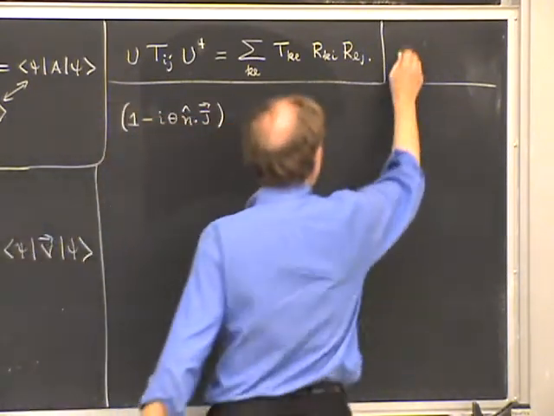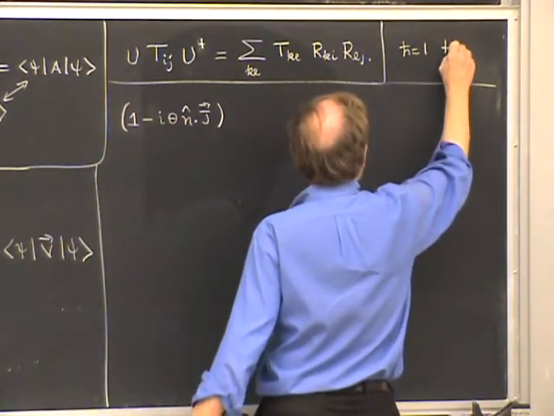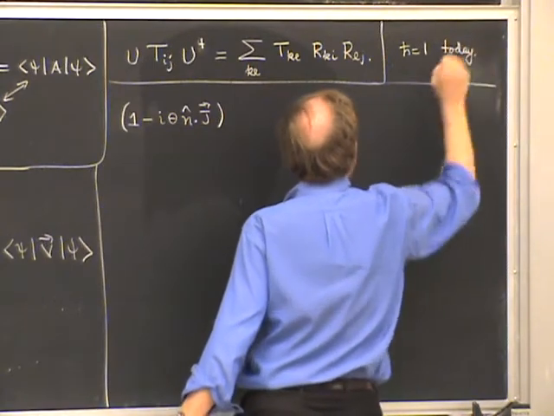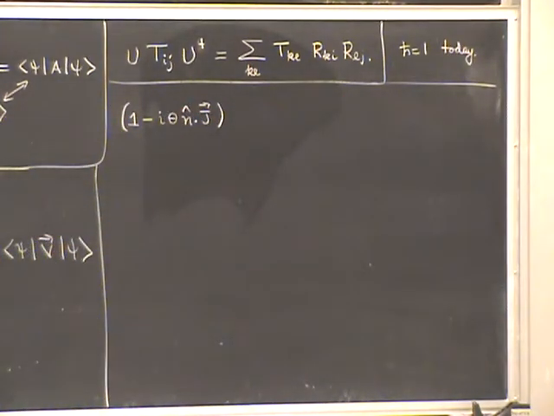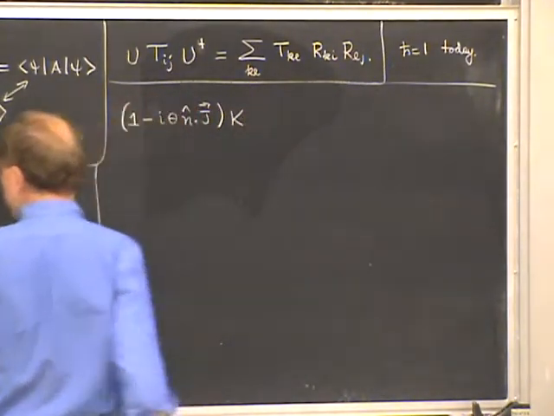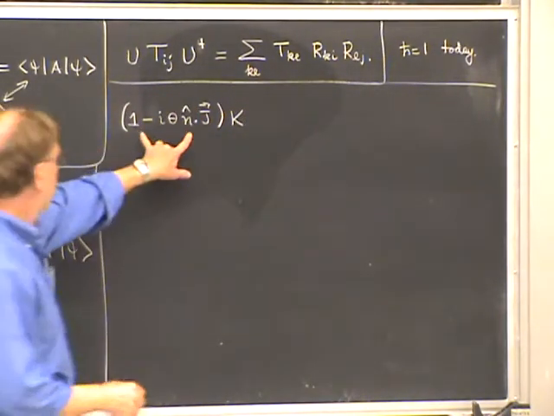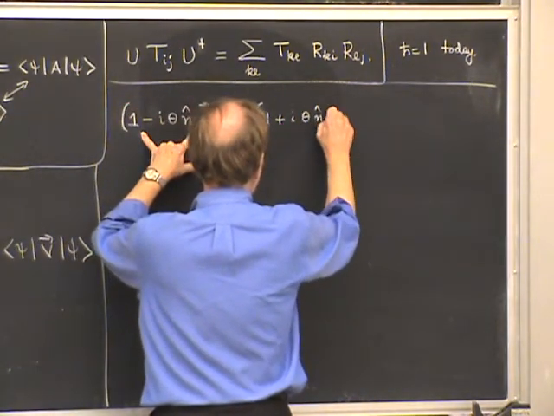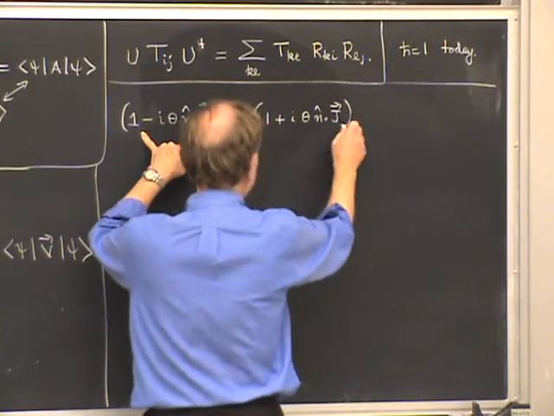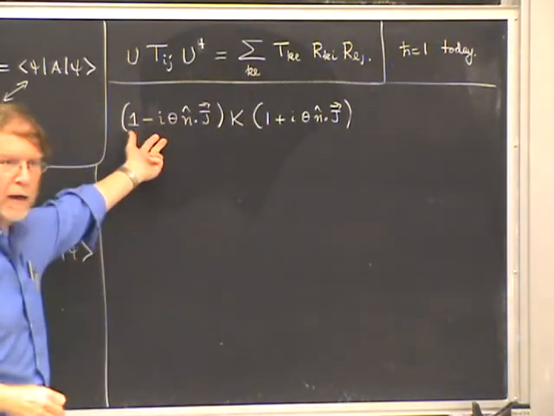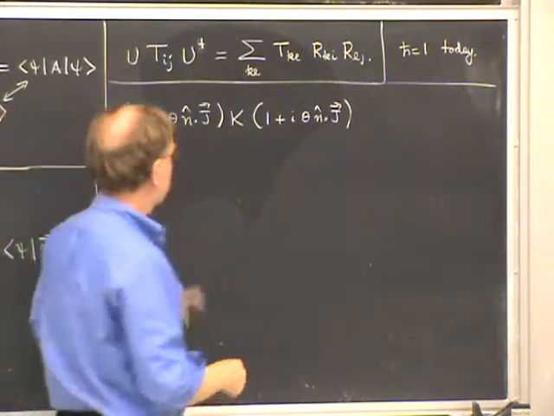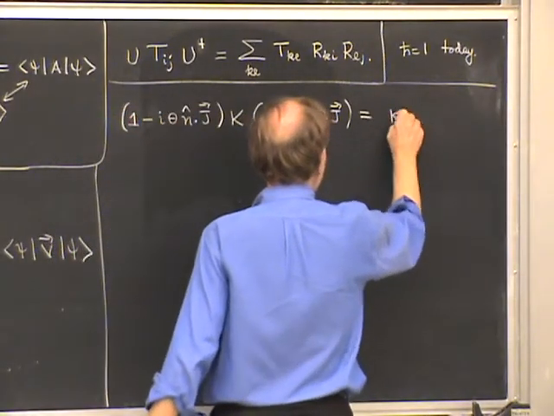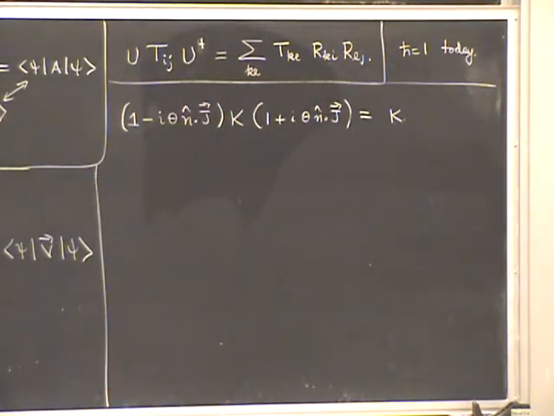And by the way, I'll set h bar equals 1 today. So that's the u of r factor here. And then I'll copy the k. And then for the u of r dagger, I just take the dagger of this, so this becomes 1 plus i theta n hat dotted into j. This is a rotation in axis angle form, and we're assuming the angle is small, so it's an infinitesimal rotation operator. And if this is a scalar, it has to equal k.